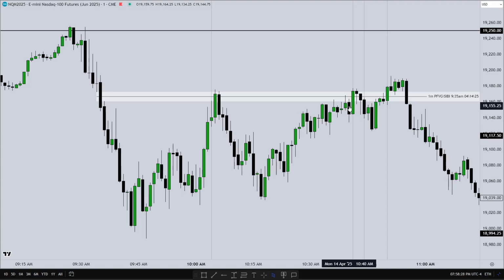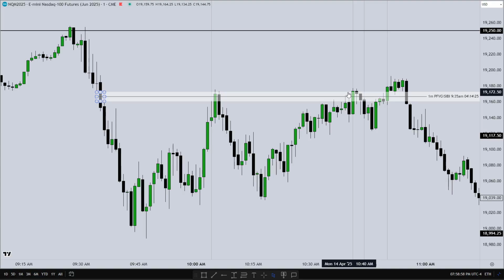So far nothing has changed, until we get to 10:41 over here and change the narrative. The market has now closed above that gap. You can see right there that the close is higher than the 9:35 a.m. gap high. And so the reasonable expectation is for the market to trade higher.